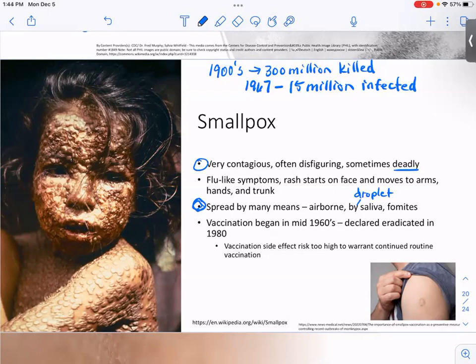So vaccination, like I said, started in the 60s. The last documented case, I think, was in 1978, not in the US. And then we declared it eradicated in 1980. So we stopped vaccinating in this country in 1972.